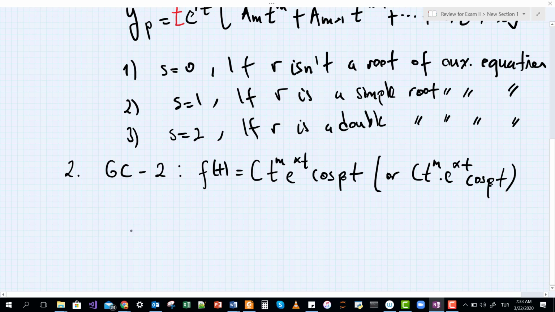In this case, I will offer a different function. Since I have the exponential, I need to have an exponential. And since I have the polynomial, I'm gonna have a polynomial.